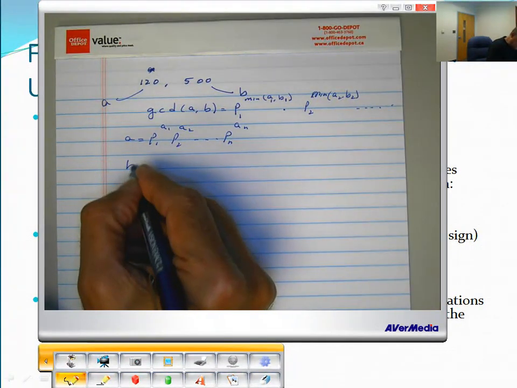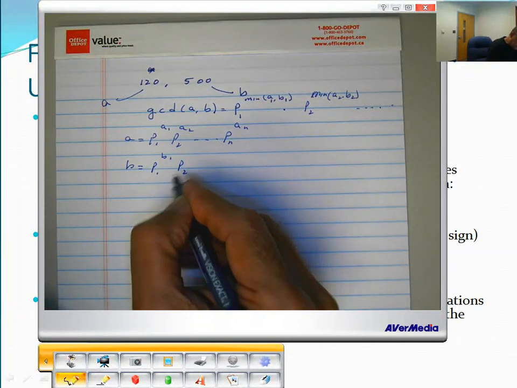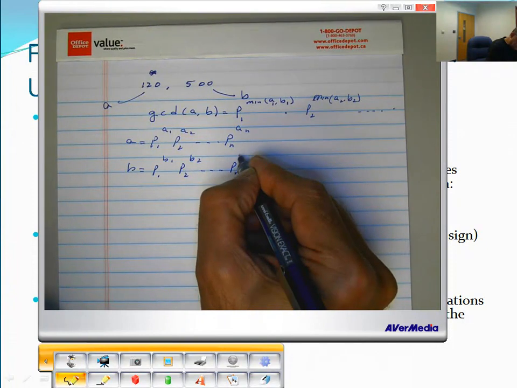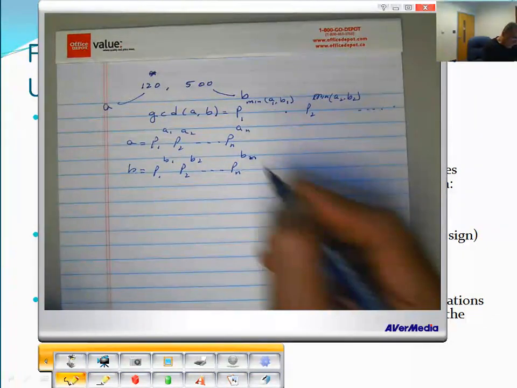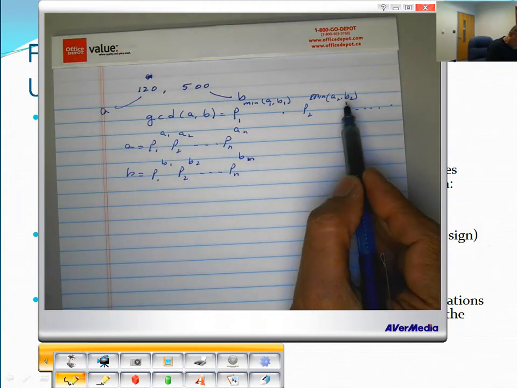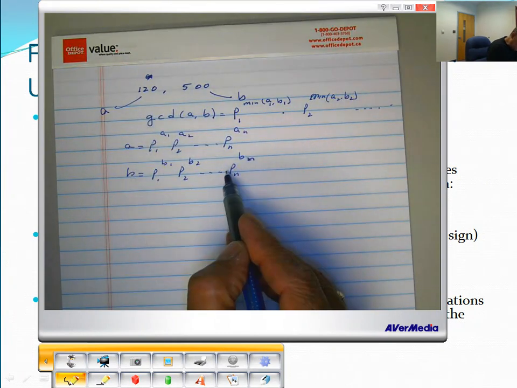And we said B is equal to P1 to the power of B1, P2 to the power of B2, P sub n to the power of B sub n. And I want to put them in this format, right? So first I put the A and B in this format.